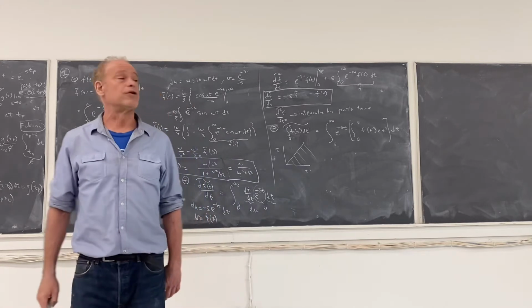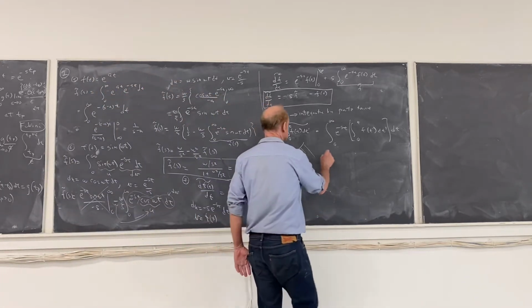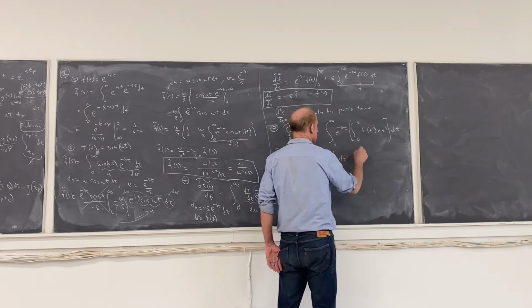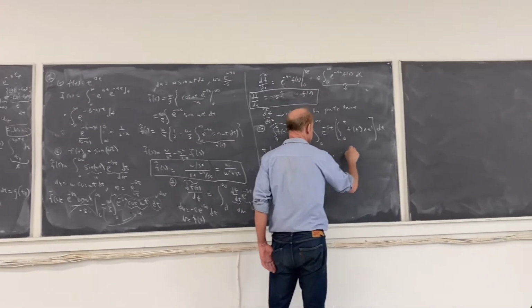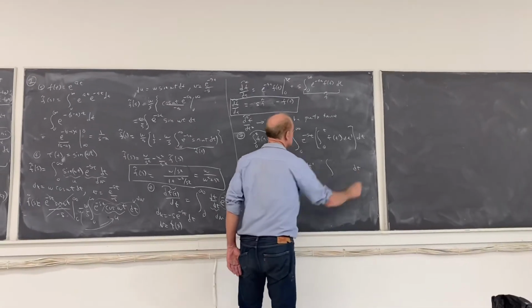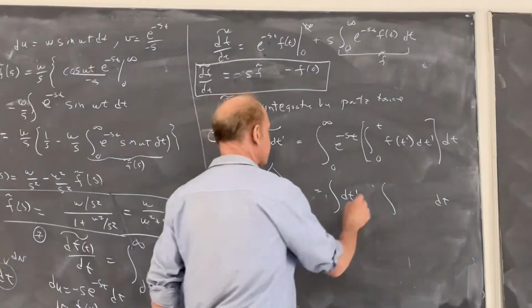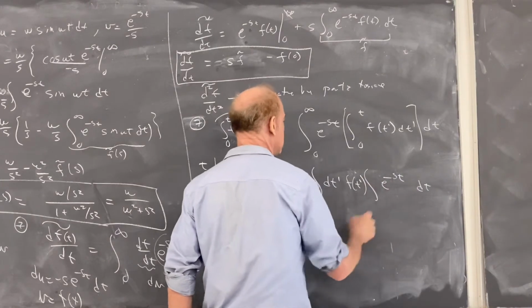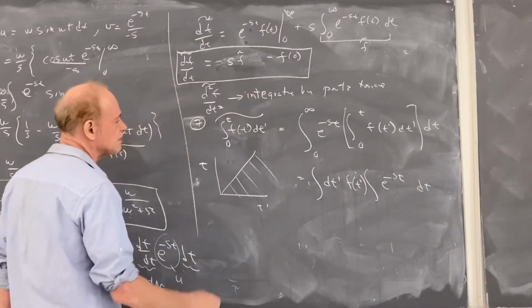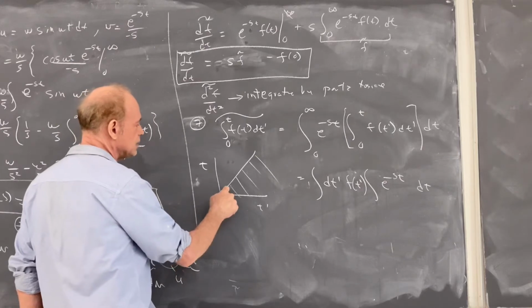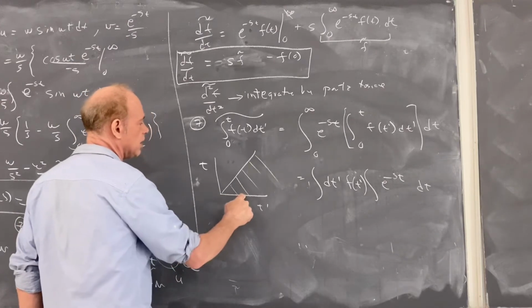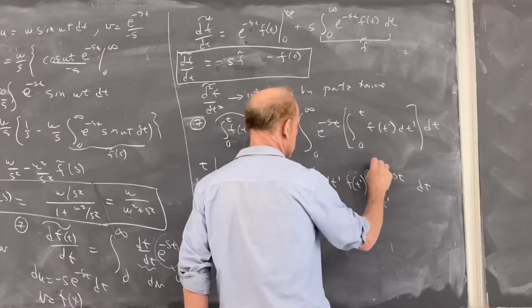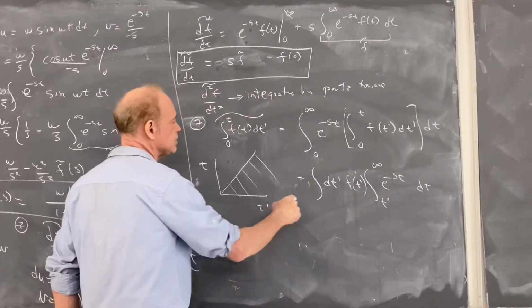that I'm integrating over. So if I switch this, if I want to make it the integral dt prime, the integral dt, f is a function of t prime, e to the minus st is a function of t, then notice if t is the inner integral, t is going from t prime to infinity, and t prime is going from 0 to infinity.